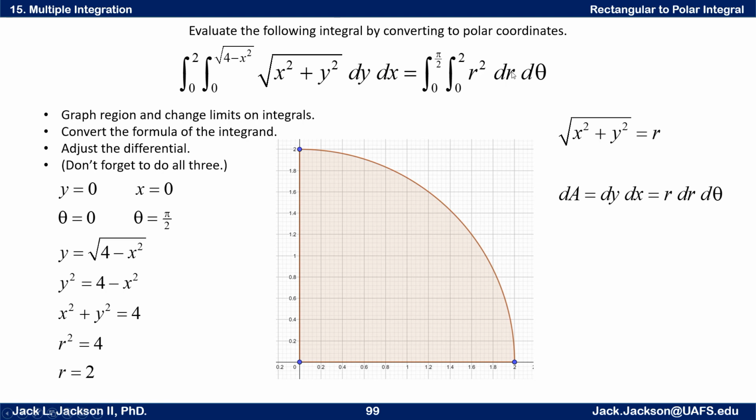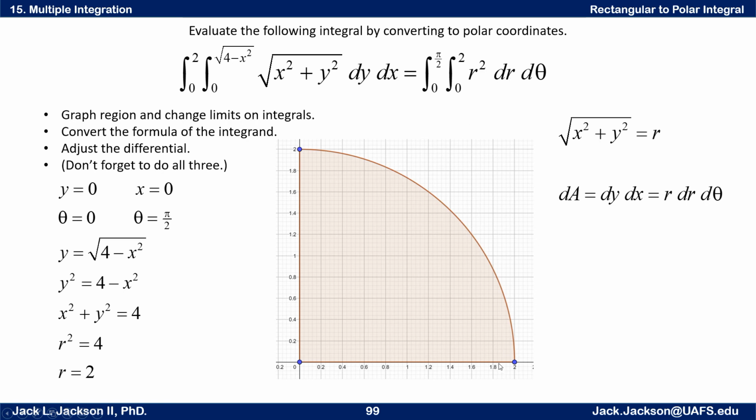Now, if I integrate with respect to r first, we would take a radial line segment from the origin out to this curve, and no matter where we go, all the way as we sweep the angle around here, it always starts at 0 and goes out to this curve, which is just r equals 2. So the r's just go from 0 to 2 no matter what.